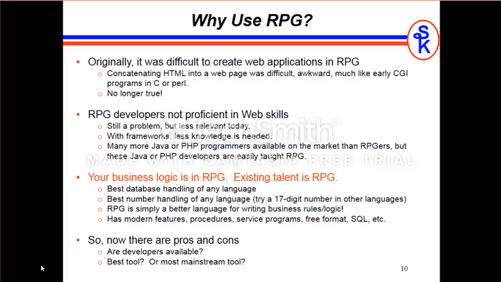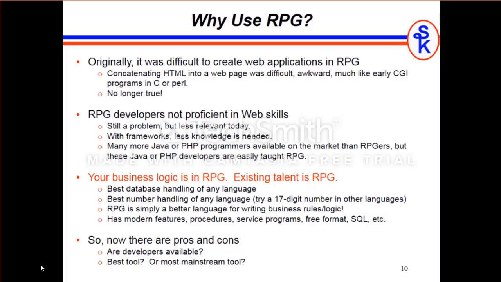So you may not be able to find developers who are already familiar with it, but if you're willing to teach them and you've got a lot of logic already in RPG, it's a lot easier to teach your existing developers how to code web in RPG if they're already familiar with RPG than it would be a whole other language. And you can stick with just one language then for your whole shop, which is a really good way to do things. So you've got those pros and cons.